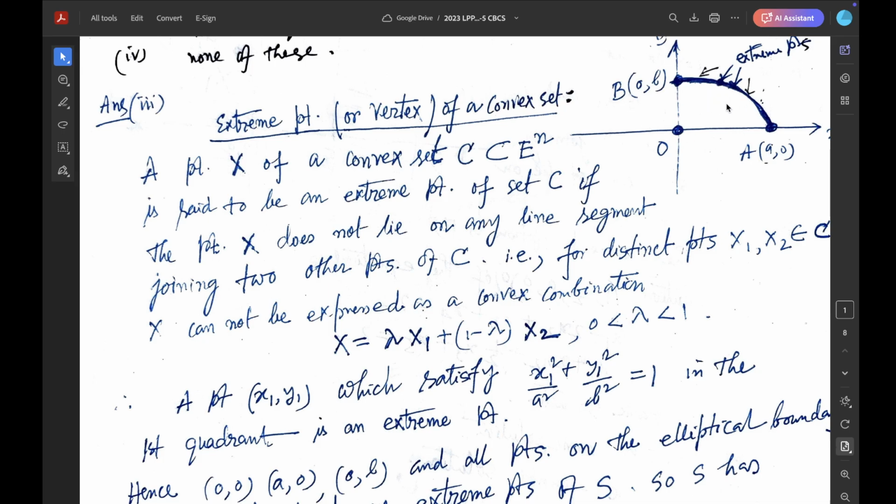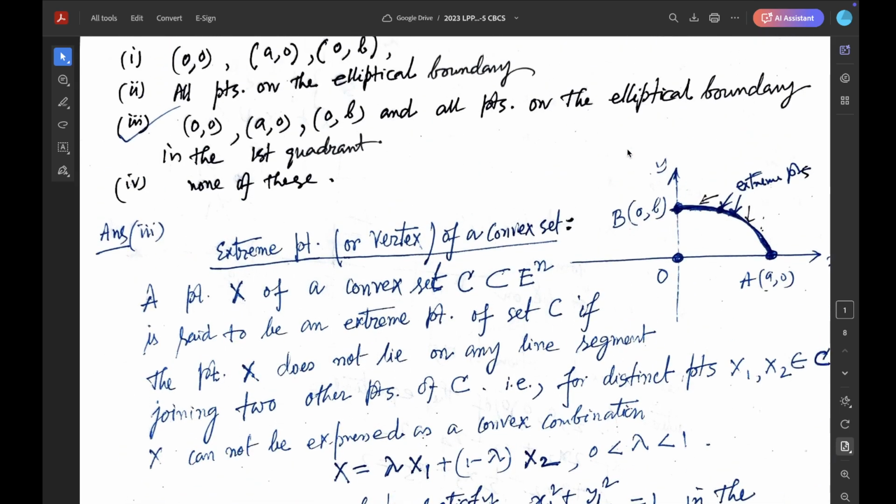So this point does not lie on any line segment joining two other points of the set. So the correct option is 3.